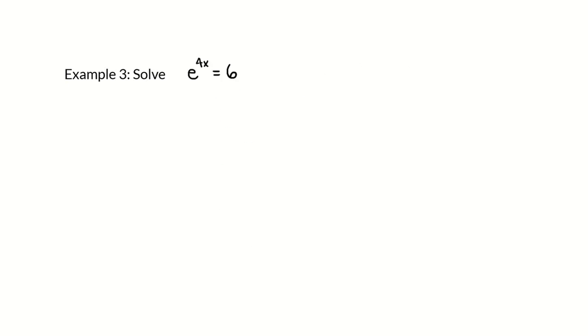It's also possible to solve an exponential equation using logarithms. For example, e to the 4x equals 6. Since 6 is not a power of e, because e is an irrational number, we could change this to logarithm form to solve.